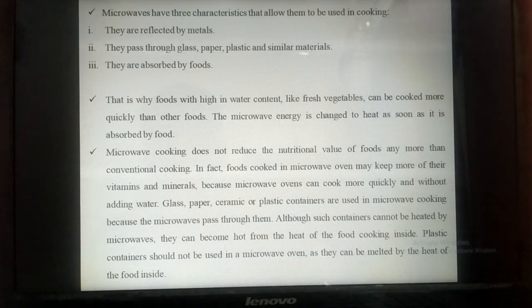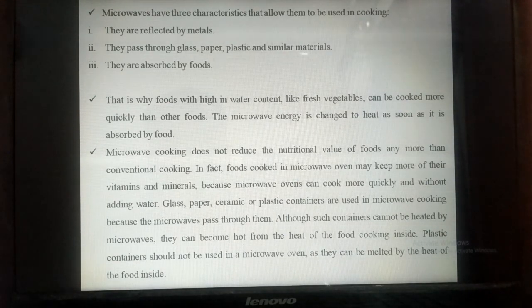Microwave cooking does not reduce the nutritional value of foods any more than conventional cooking. In fact, food cooked in a microwave oven may keep more of its vitamins and minerals because a microwave oven can cook more quickly and without adding water. It uses only the self water of vegetables and other materials.